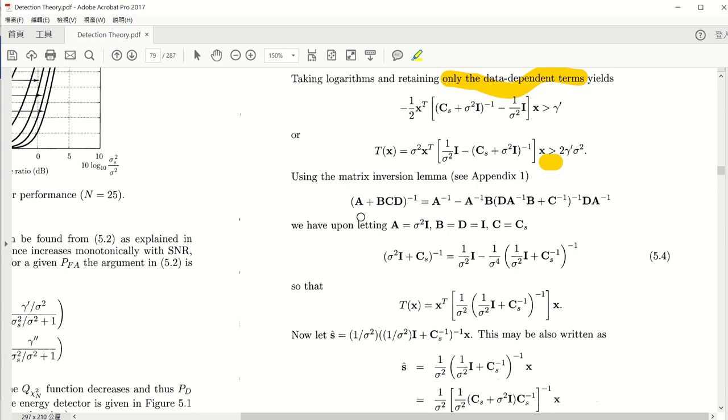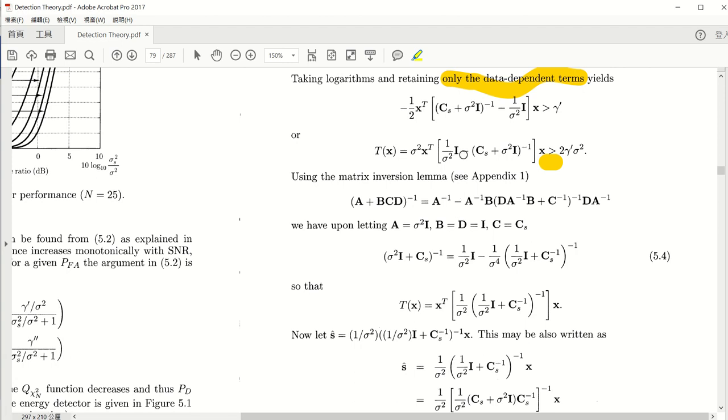This is an identity, a matrix identity, but the derivation is of course quite complicated. So we're not going to do the derivation, but we use this lemma and let A equal to this term, and this C equal to CS, and things like that.